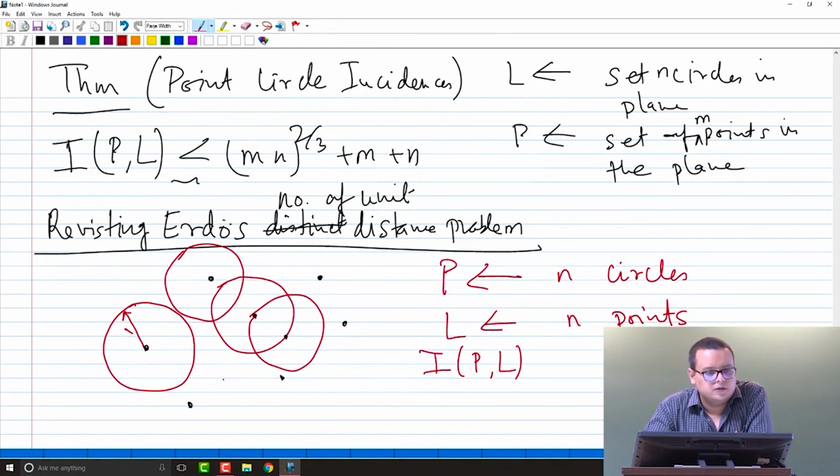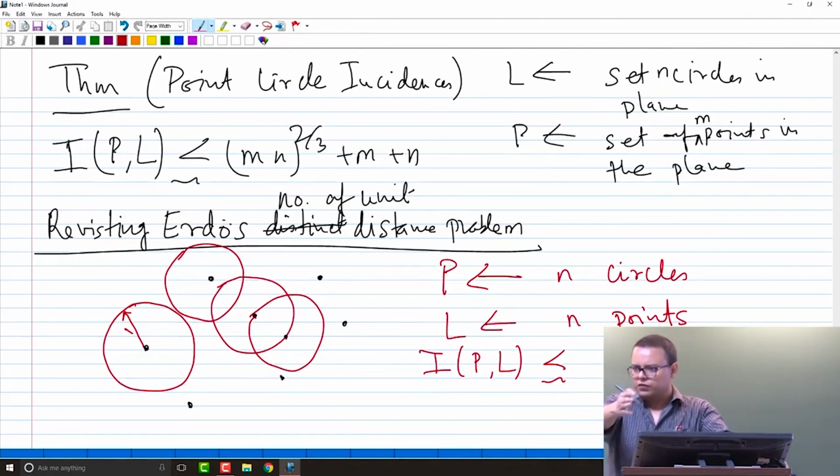How many is it? With m equal to n, it should be less than or equal to, up to a constant factor, n to the power 4 by 3, right, just from the top theorem.